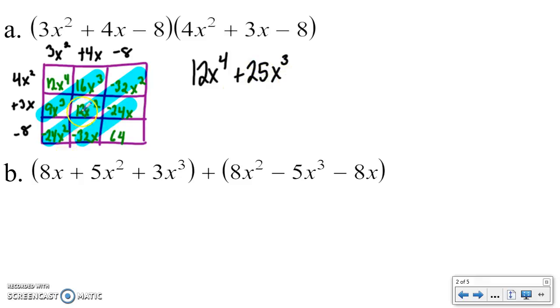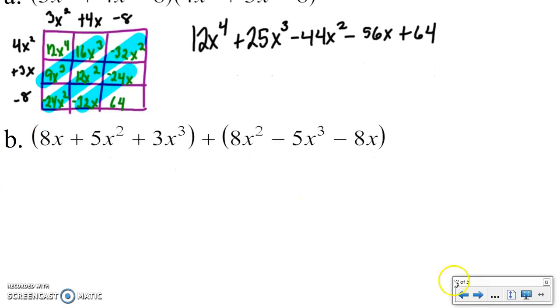Negative 24 plus 12 is negative 12, plus negative 32 is negative 44x squared. Negative 32 and negative 24 is negative 56x, and then plus 64. Just like we did yesterday, because we have 2 groups of parentheses right next to each other, we need to multiply.